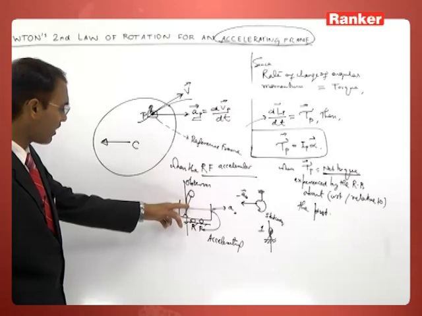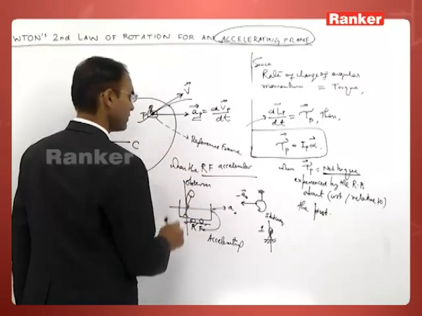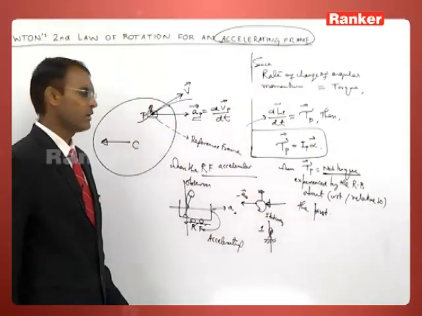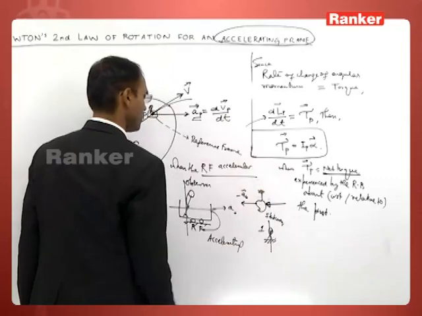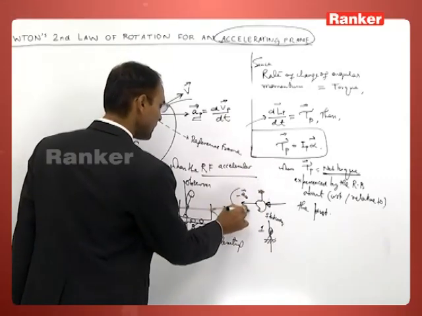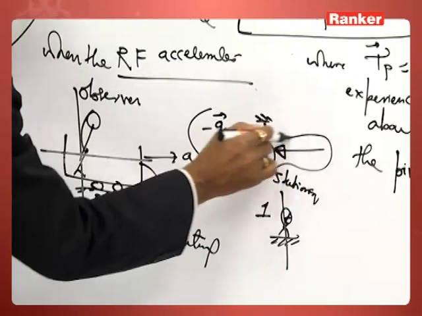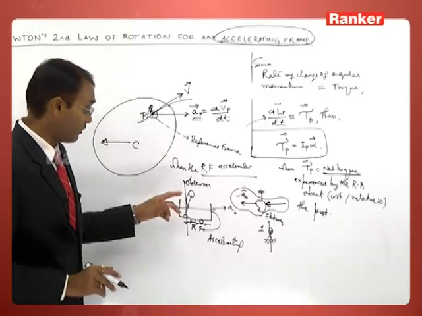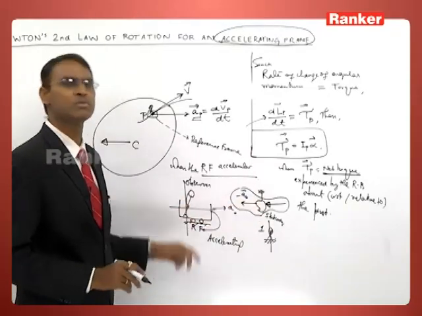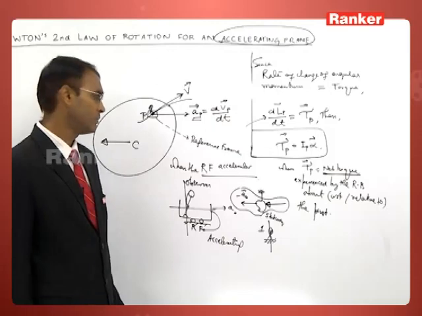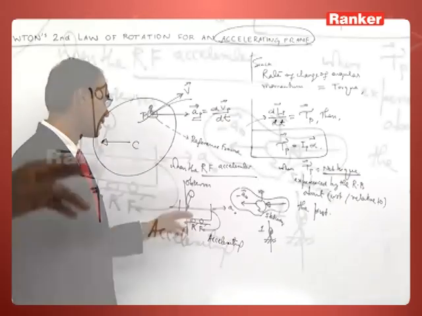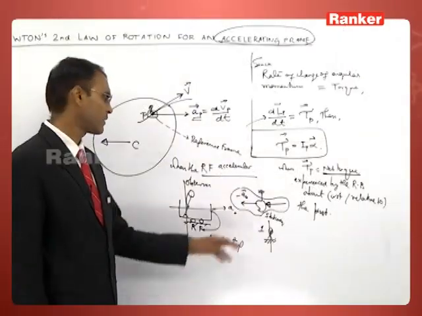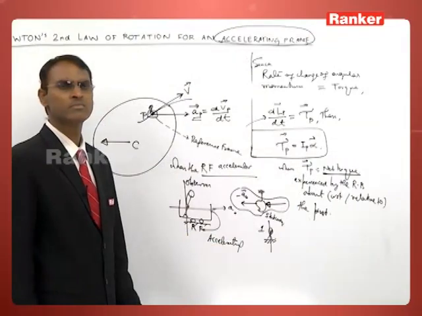Therefore, this observer or the reference frame may require the presence of an additional force which will generate this acceleration. You are fixed to this reference frame and you are observing that this mango is accelerating towards you, because you are accelerating with respect to the ground in this direction. Mango is fixed with respect to ground.